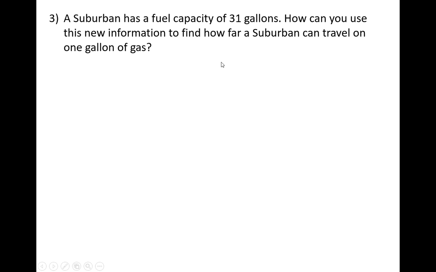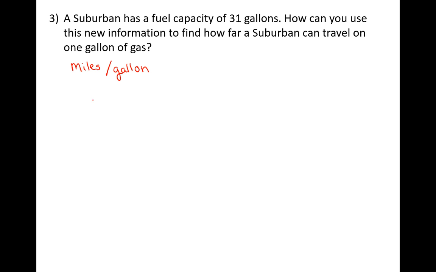It says a Suburban has a fuel capacity of 31 gallons. How can you use this new information to find how far a Suburban can travel on 1 gallon of gas? So they're asking us to calculate the miles per gallon.